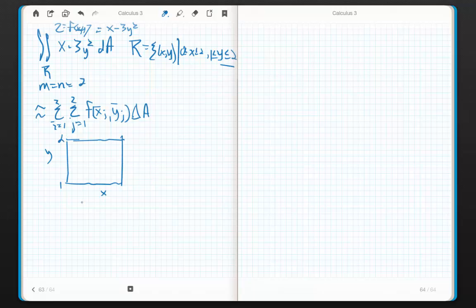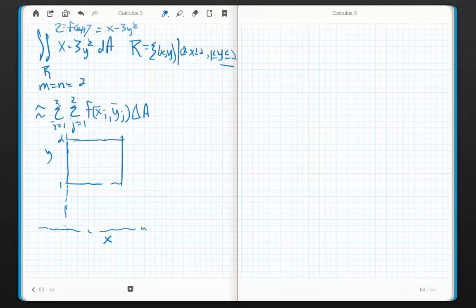Let's do it like this. I'm going to come down here a little bit. So here's actually my x-axis, because x goes between 0 and 2, and y goes between 1 and 2.